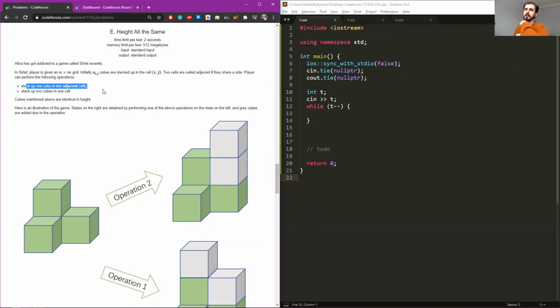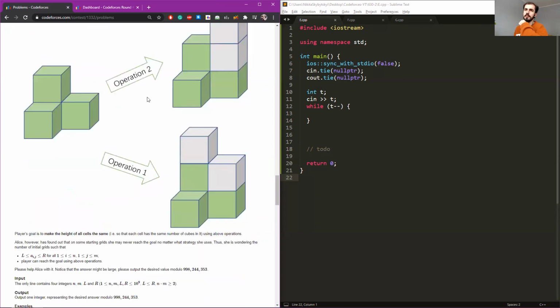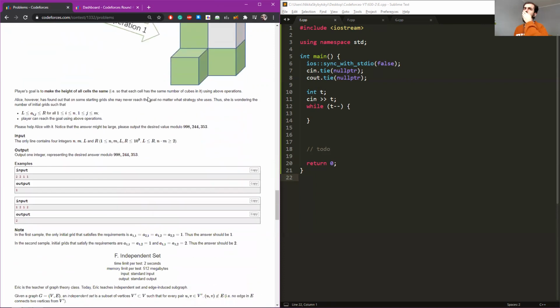Stack one cube in two adjacent cells, or stack two cubes in one cell. Okay. Sorry, it's really too early in the morning.